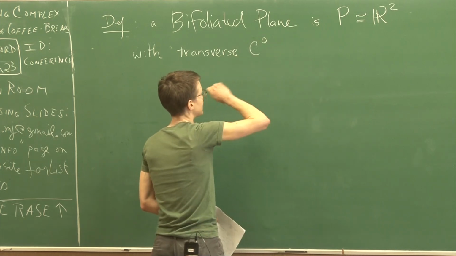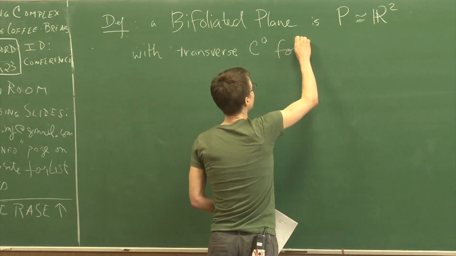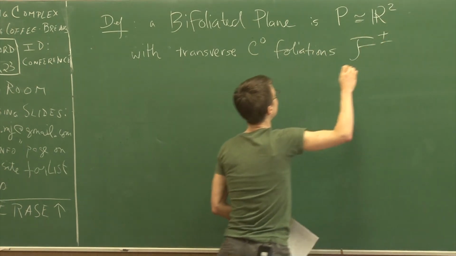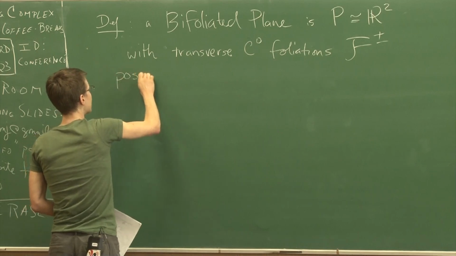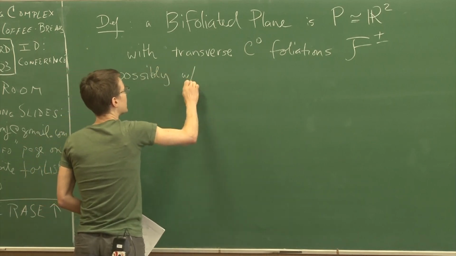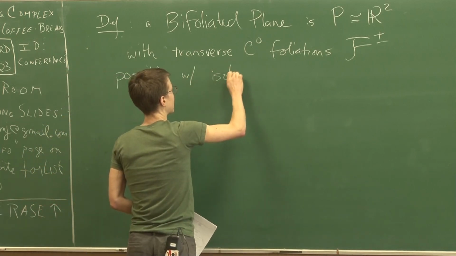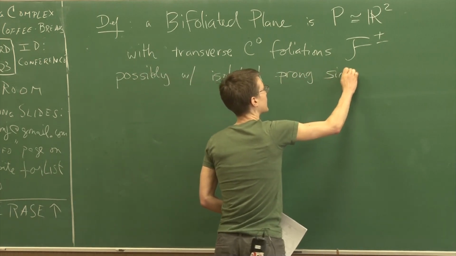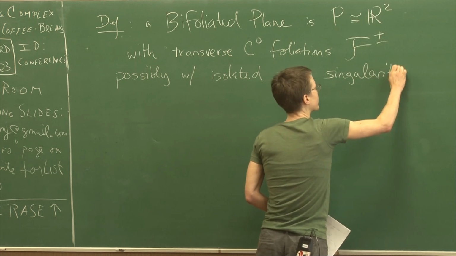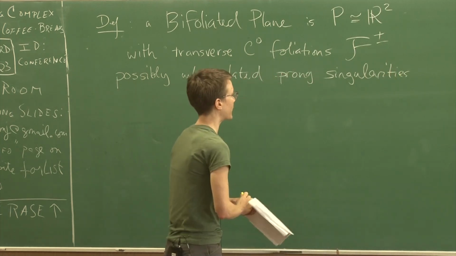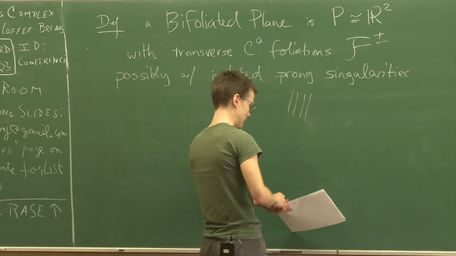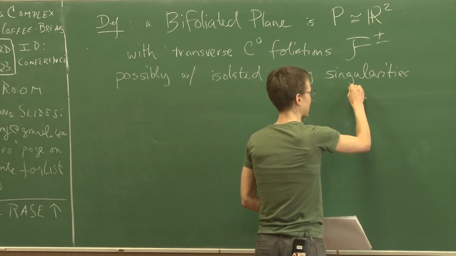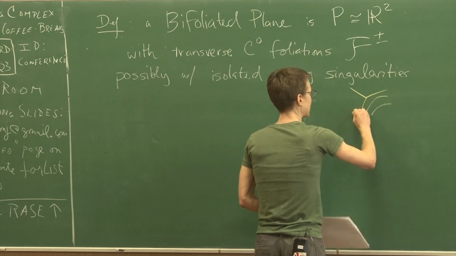No smoothness here, just C0 foliations. I'll call them F plus and F minus, possibly with a discrete set of isolated pronged singularities. So at some points, rather than being a standard picture of two transverse foliations, you might see something that looks more like this.